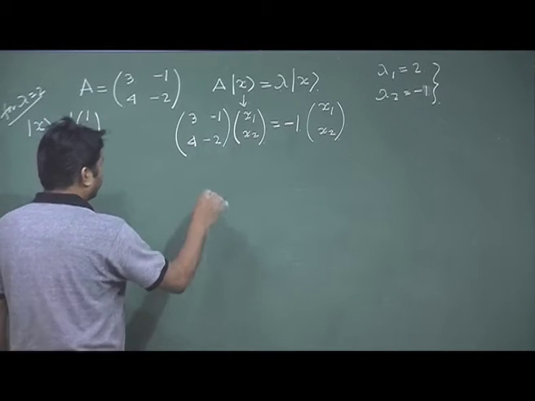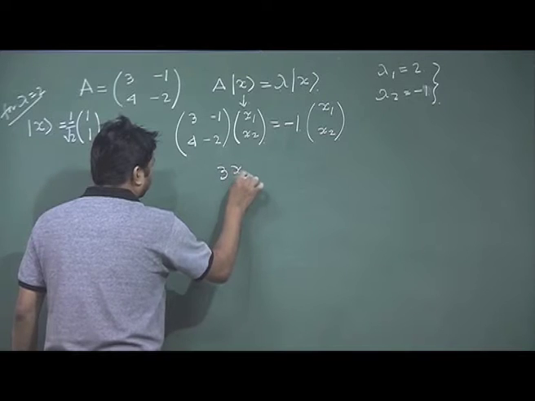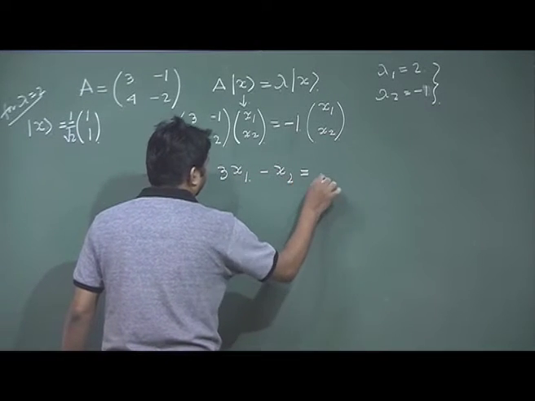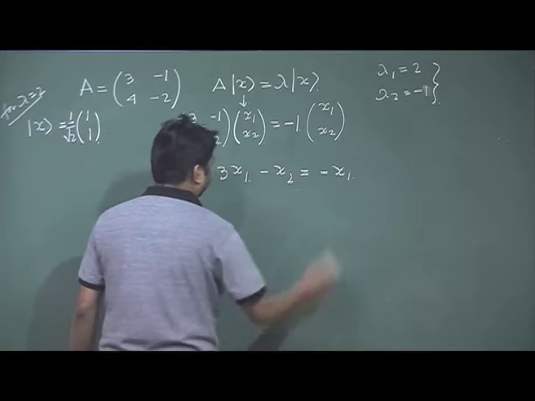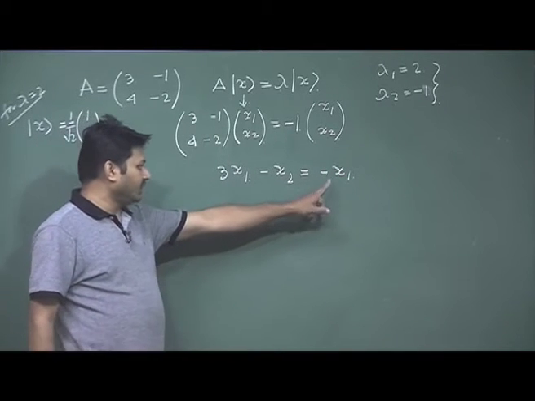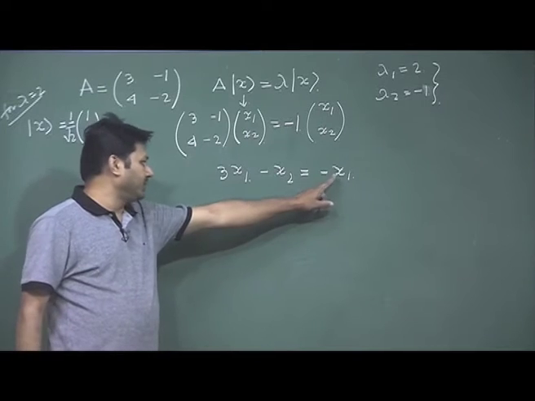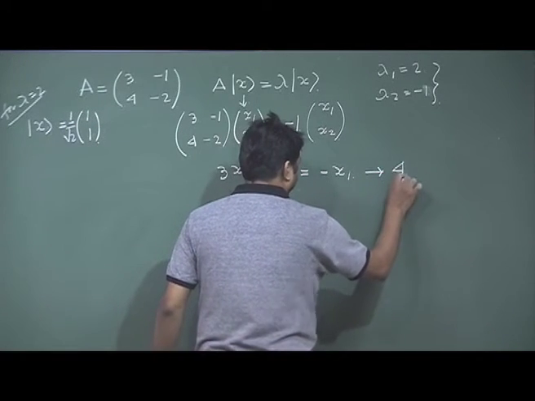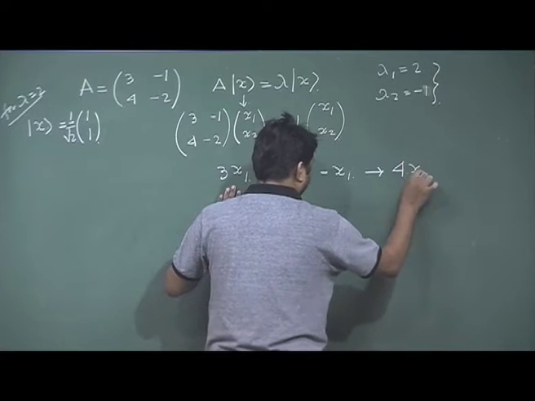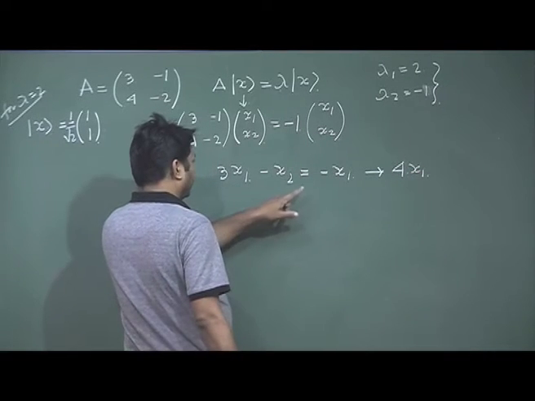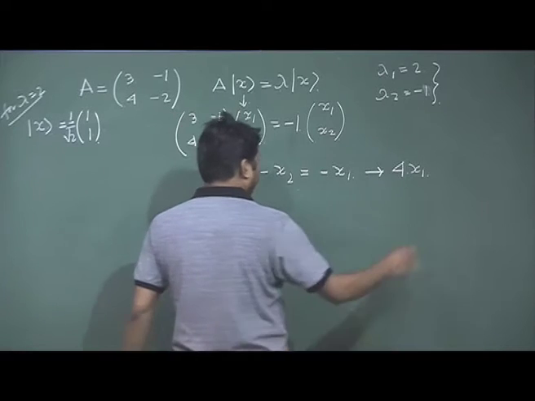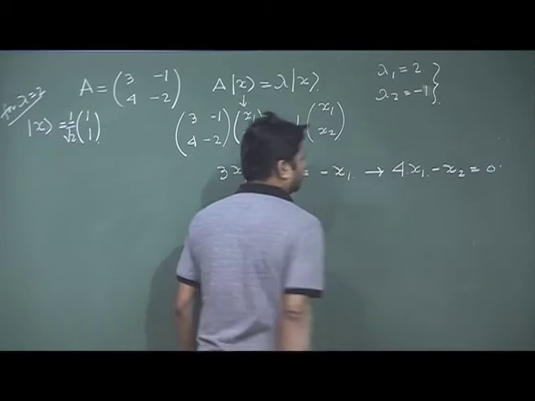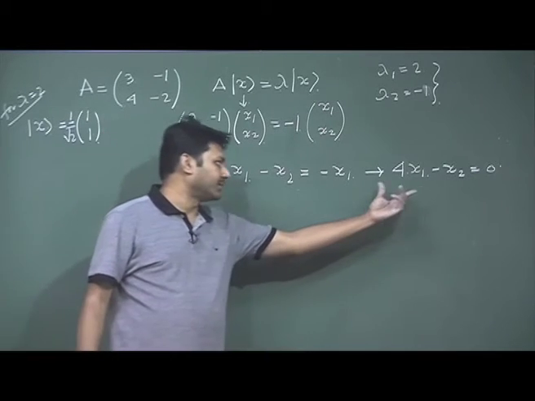So 3x1 minus x2 is equal to minus x1, that is my first equation. From this equation, if I move it here, I will have 4x1 minus x2 is equal to 0. Again I have a relationship.